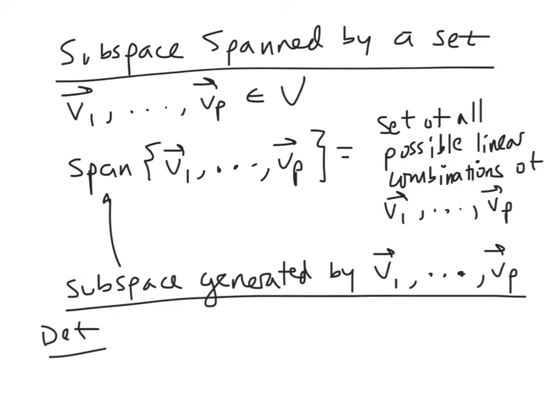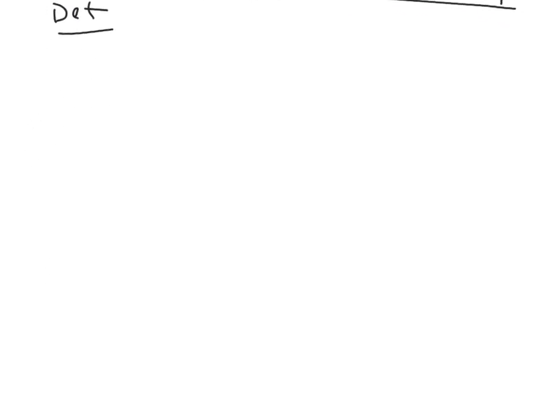We've actually encountered many subspaces of vector spaces before, and I thought we would go through a couple examples before we move on to other subspaces. So let's look at a matrix and see that we've encountered this before. The first example is the null space of a matrix.